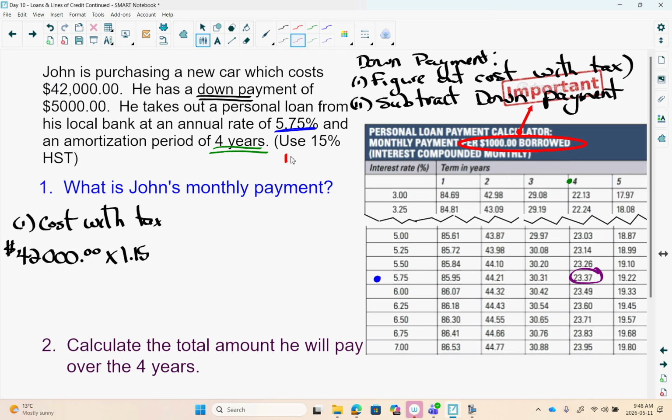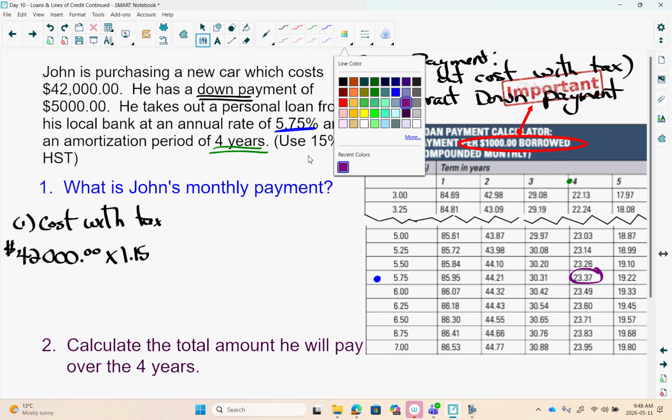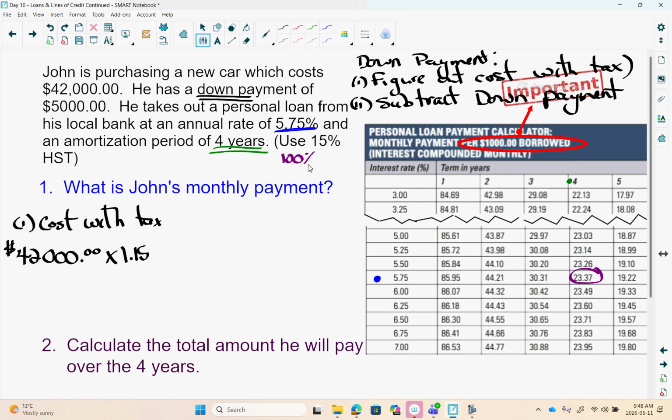I just went 100% plus 15% tax increases, that gives me 115%. As a decimal, 1.15. What's 42,000 times 1.15? I get $48,300. That's what the car is going to cost with tax.